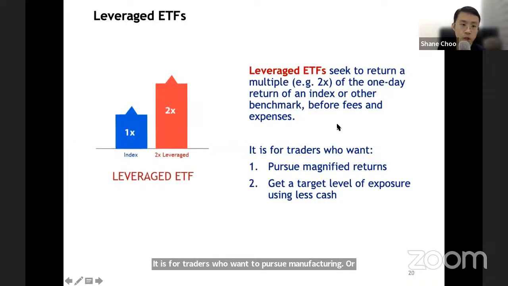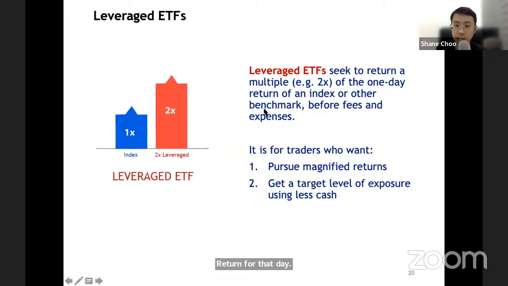For instance, if the index returns 1%, the 2 times leverage ETF will deliver 2%. Similarly, if the index delivers negative 1% on a daily basis on that day, then the 2 times leverage ETF will deliver negative 2% for that day.